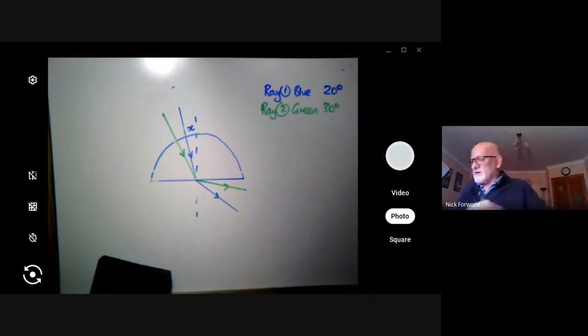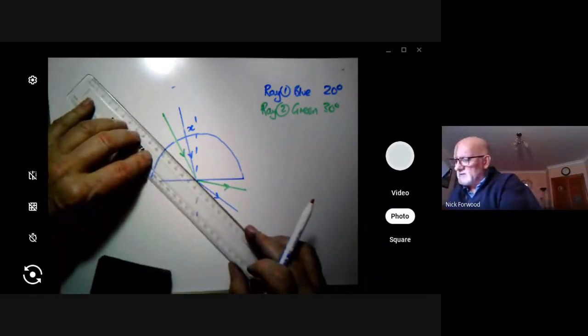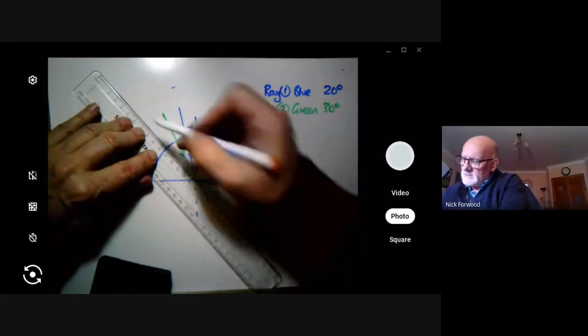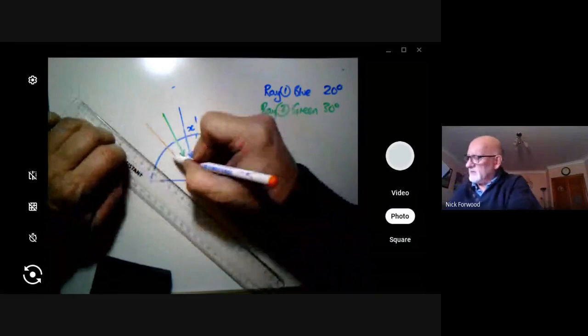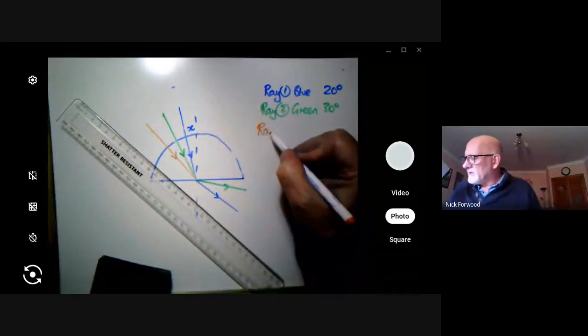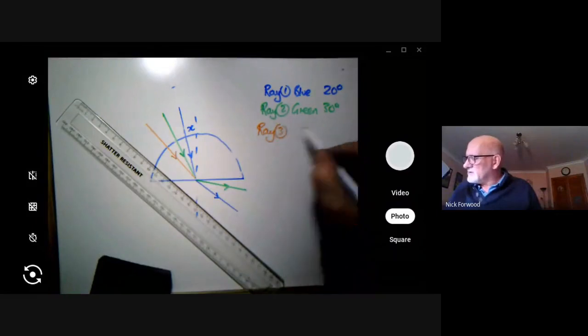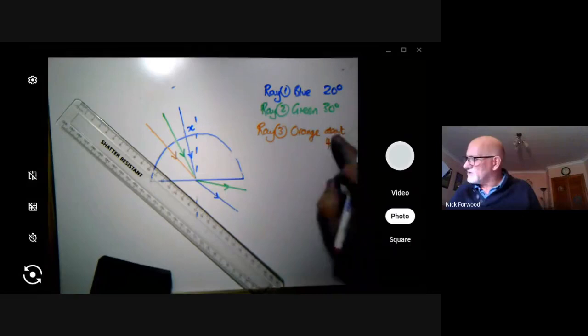So the next one I'm going to do, and I'm going to say this advisedly, is orange. Ray 3 is going to be orange, and it is about 40 degrees.